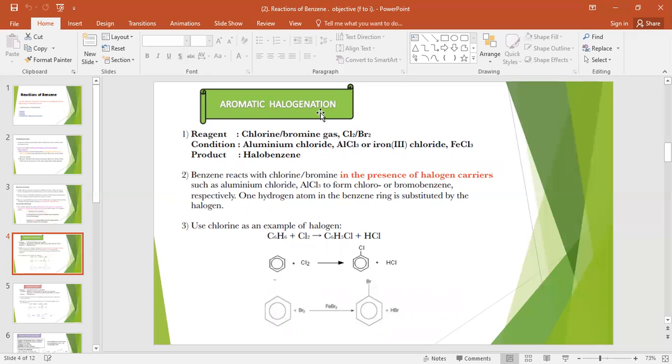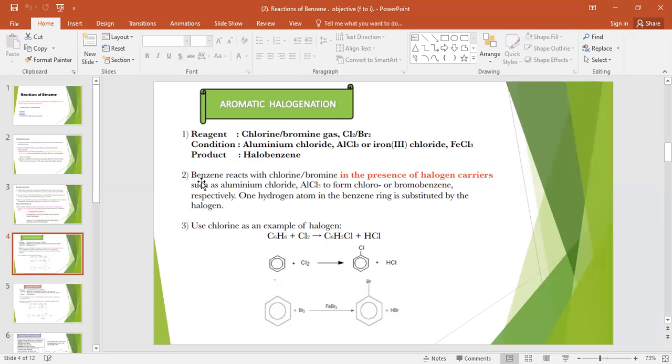The condition required is aluminum chloride, AlCl3, acting as a catalyst, or iron chloride, FeCl3, or iron bromide when you write the reaction with Br2. So first the reagent, then the conditions, and the final product is a halobenzene, maybe chlorobenzene or bromobenzene.